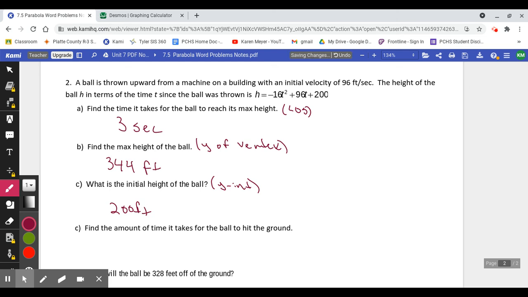The amount of time it takes for the ball to hit the ground. To hit the ground, that's the x-intercept farthest on the right.